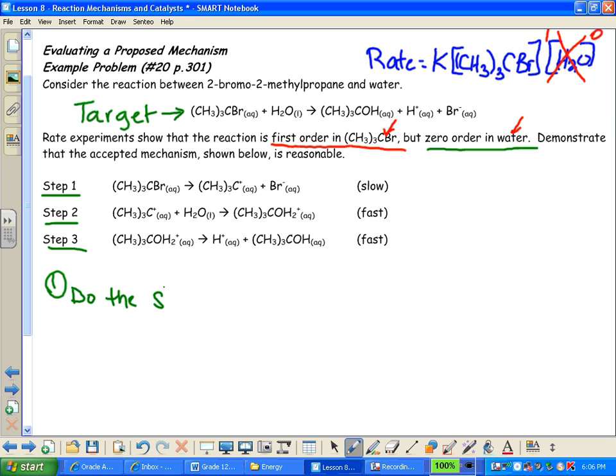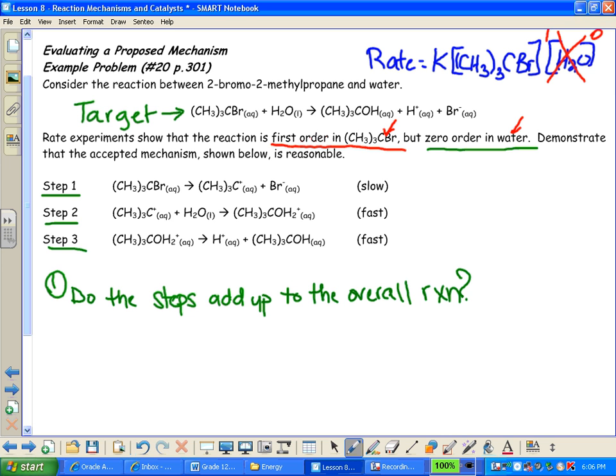So the steps above, steps 1, 2, 3. RXN stands for reaction. That's a question mark, not a period.